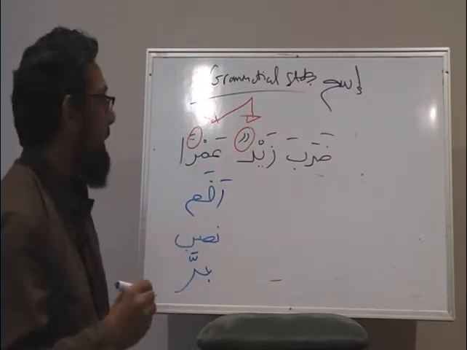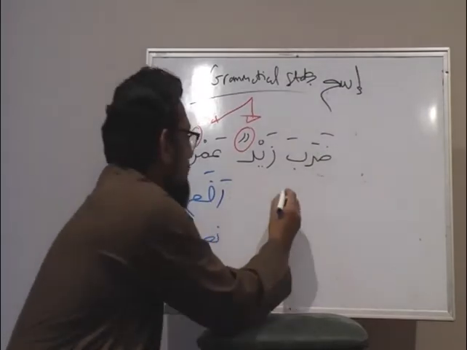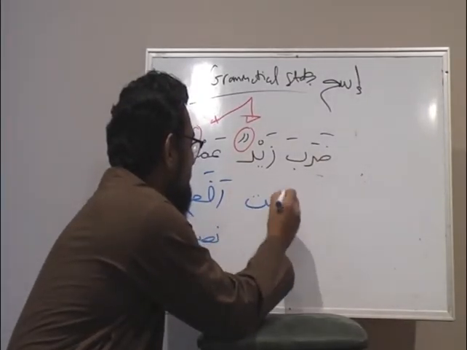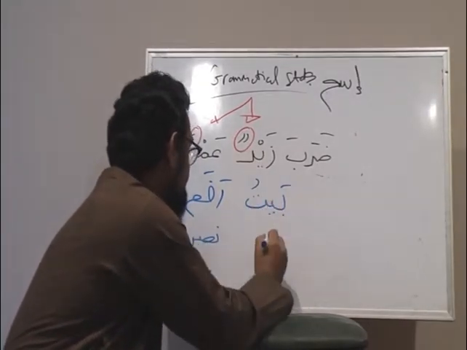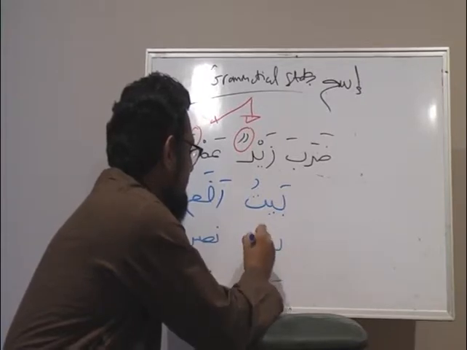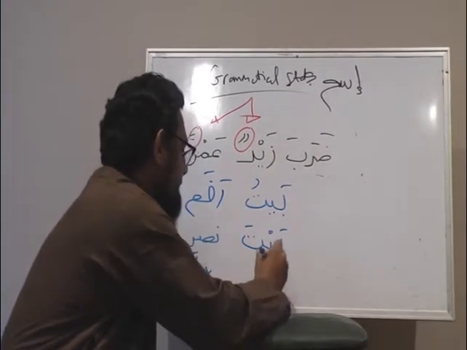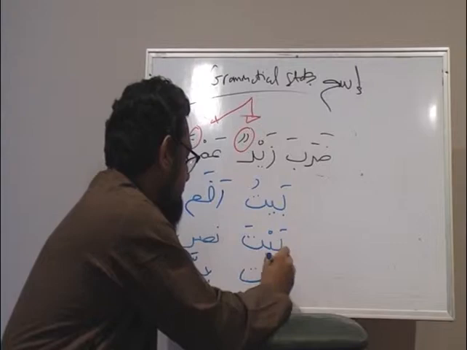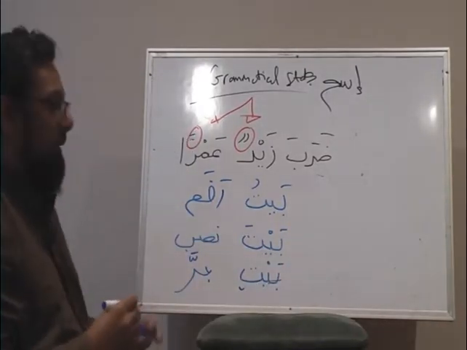So if we use the Arabic word, let's say bait, that will be baytu. In the nasab, it will be bayta, and in the jar, it's going to be bayti, okay?